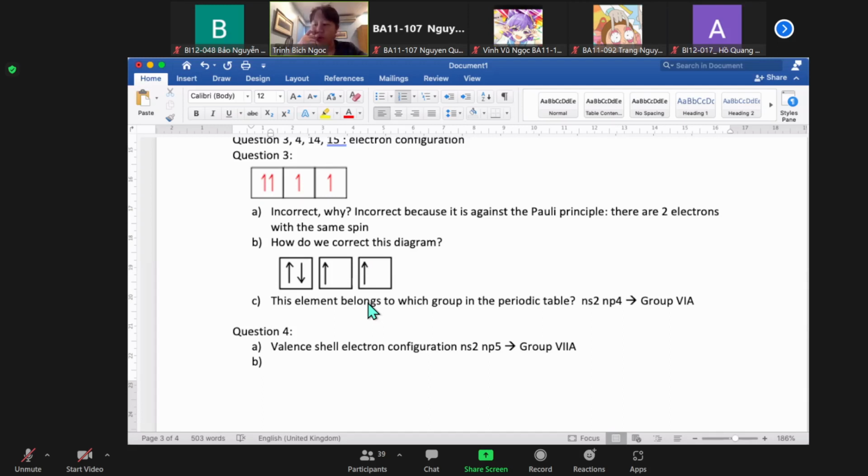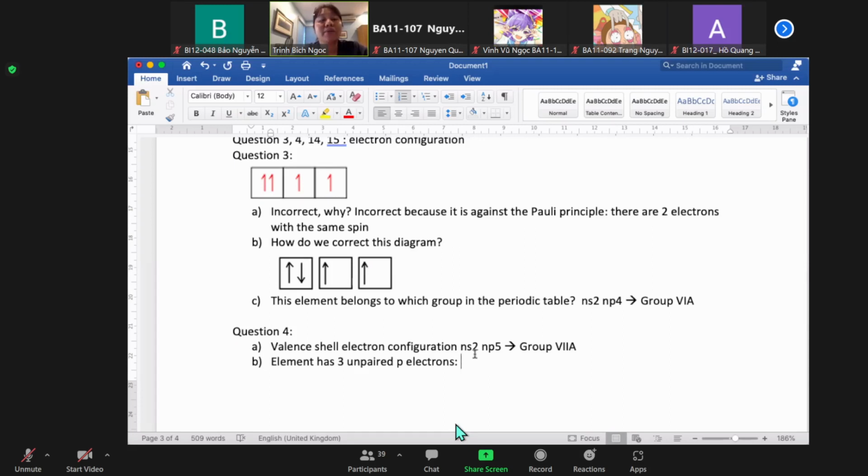Okay, so the element that have 3 unpaired p electron. So element has 3 unpaired in p electrons. Okay. Unpaired electron là gì ạ? Electron độc thân ạ.